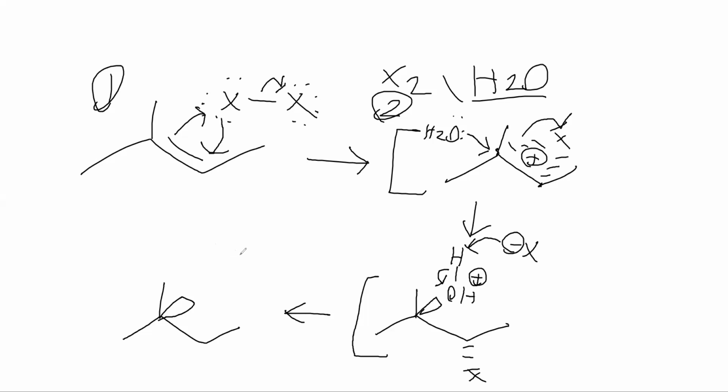The dashes, it doesn't matter because in an sp2 hybridized carbon, I'm not drawing this very well, but sp2 means the geometry is flat. So it's a flat molecule. When things add to this, they can either add to the top or the bottom, and it doesn't really matter.